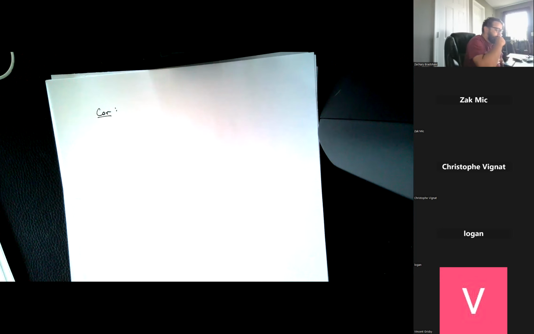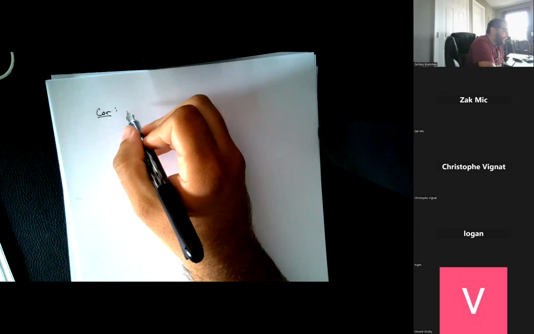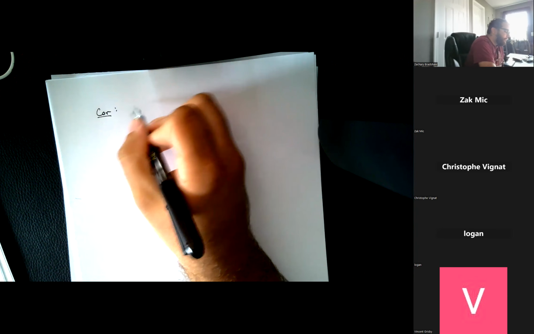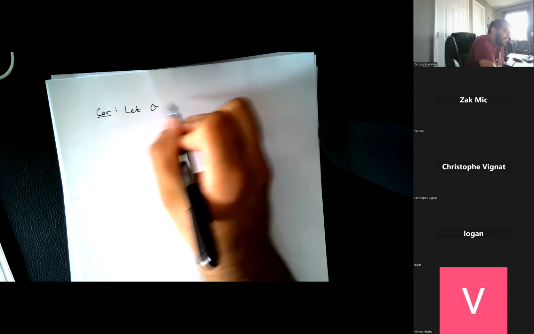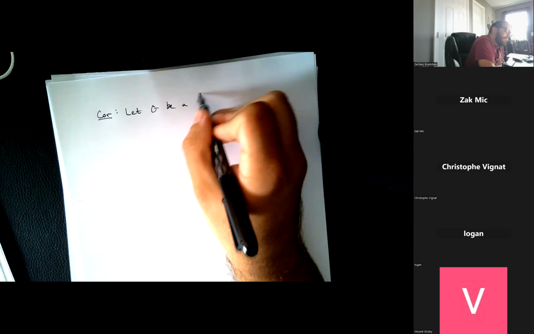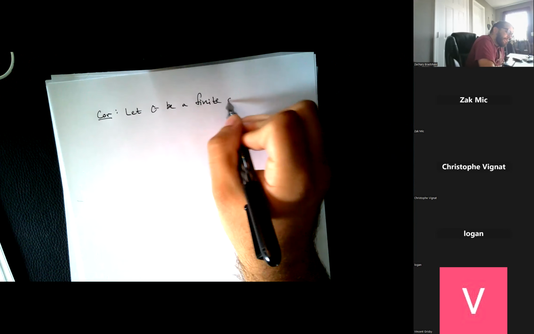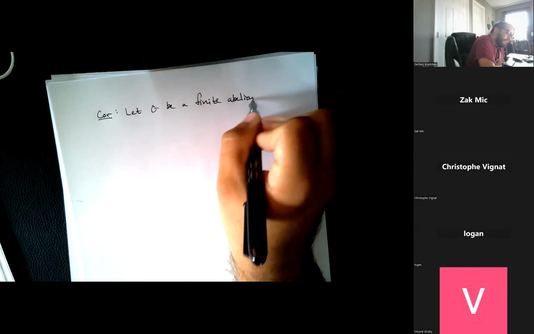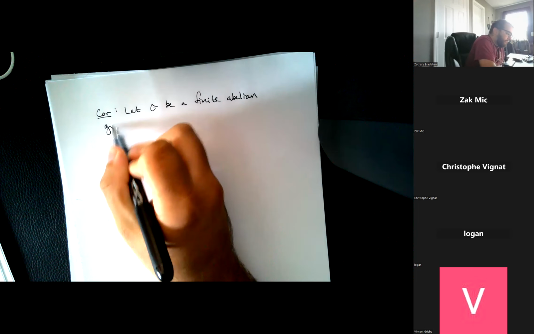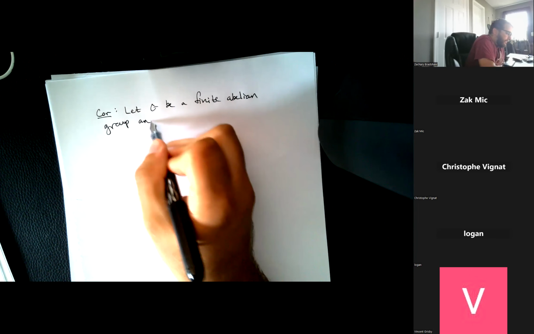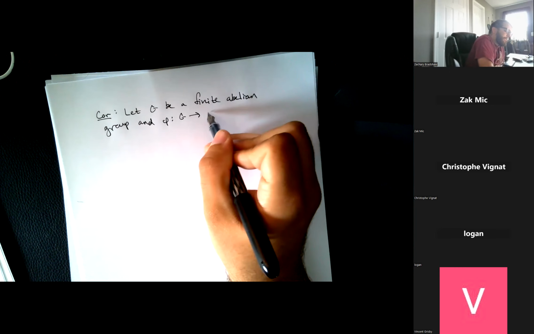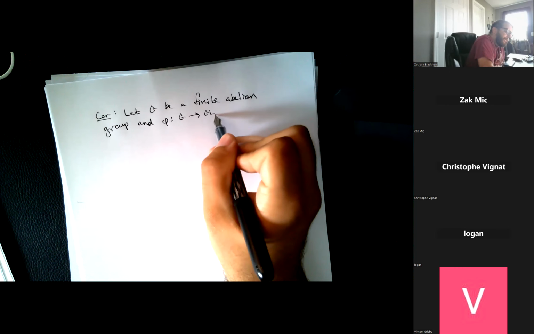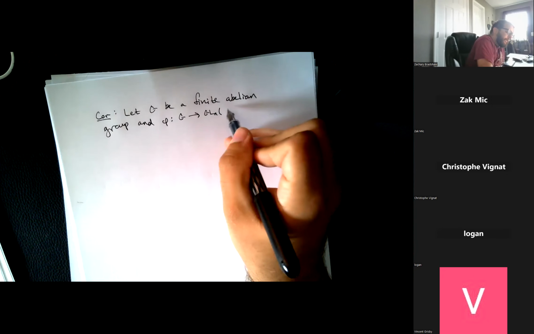So here is a nice corollary of that which pertains to linear algebra. Again, let G be a finite abelian group, and let's think of phi now as a representation where the image is a matrix.